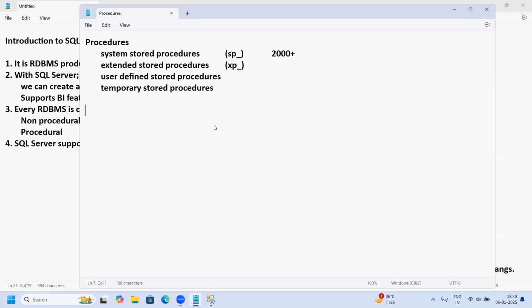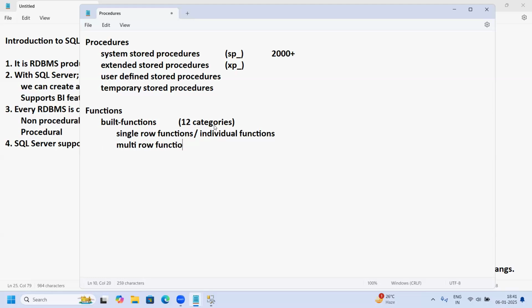Functions is another topic, and there are a lot of things in functions. Built-in functions: 12 categories are there. In this, you have single row functions, or individual functions, and multi-row functions, or group functions.